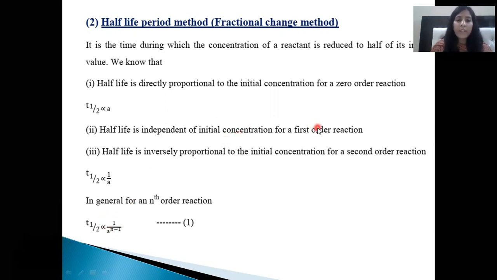For first order reaction, put n equal to 1. So in place of n, put 1, 1 minus 1 is 0. So half-life is independent of initial concentration. Similarly, for second order reaction, put n equal to 2. Here it becomes a raised power 1 in the denominator, and so half-life is inversely proportional to the initial concentration for second order reaction.